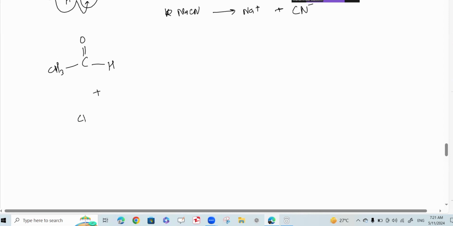Now this CN negative attacks on this carbon, it makes a fifth bond and this bond is shifted towards the oxygen. What will happen? CH3, carbon, hydrogen, CN, oxygen negative.